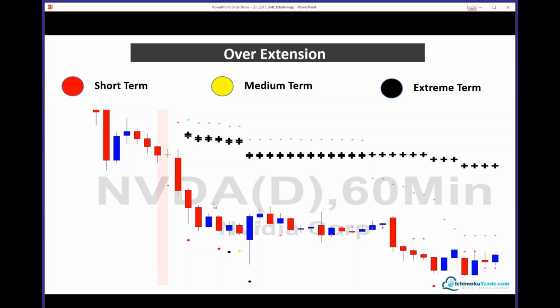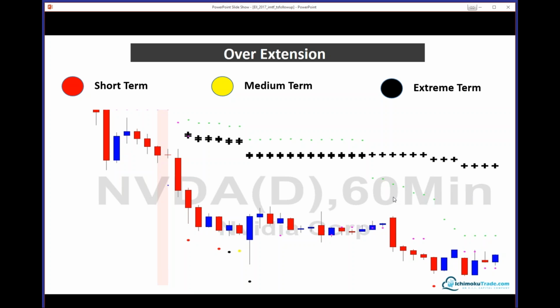You need to start tightening up your stops in some fashion, or exit the trade, or exit half your positions or 3/4 of your positions, because it's getting medium overextension. It could get into extreme, but you need to start tightening up your stop at that point. So red means go to a lower time frame to manage the trade. Yellow means tighten up your stop or exit some positions, and a black dot would mean get out of the trade.